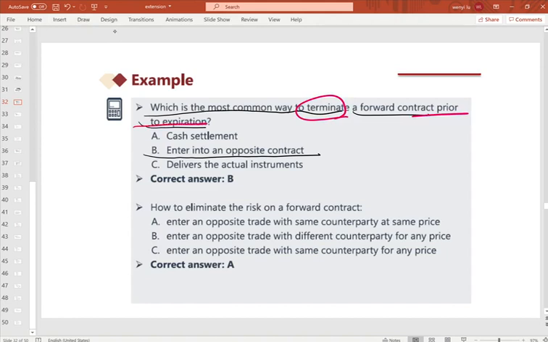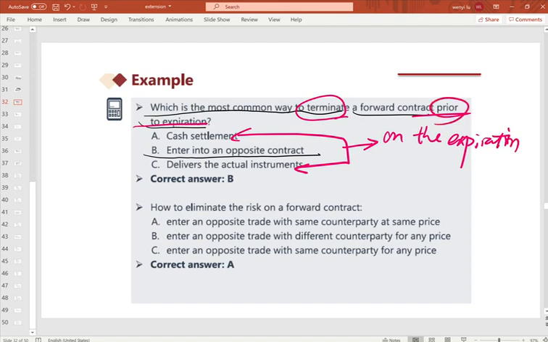The cash settlement and the physical settlement are both on expiration. If you want to terminate the contract before expiration, the only thing you can do is enter an opposite contract.